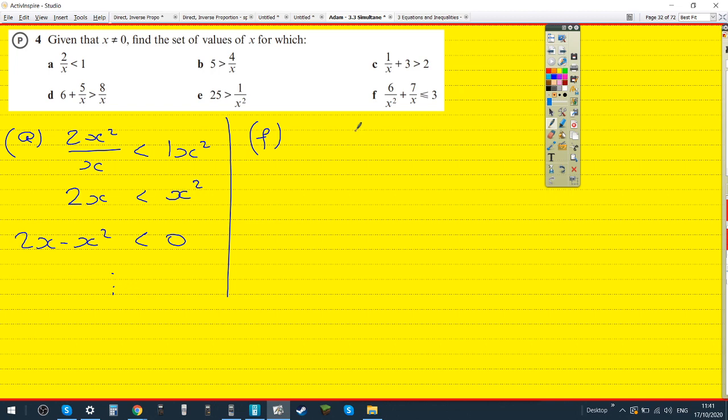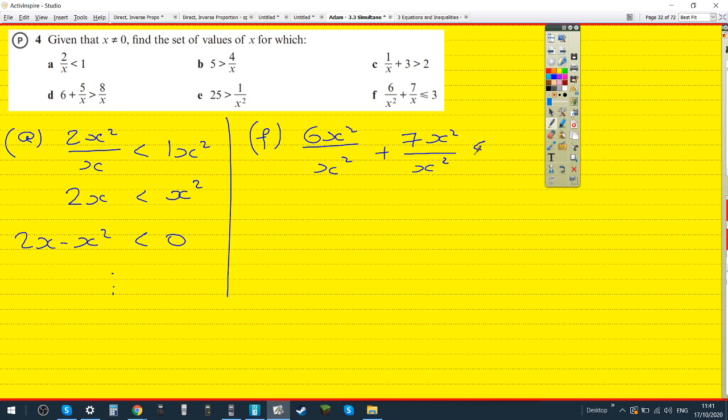So would you multiply the second fraction by x squared as well? Would you square it? Yep. So it'd be 6 over x squared plus 7x squared over x is less than or equal to 3x squared, is that right?